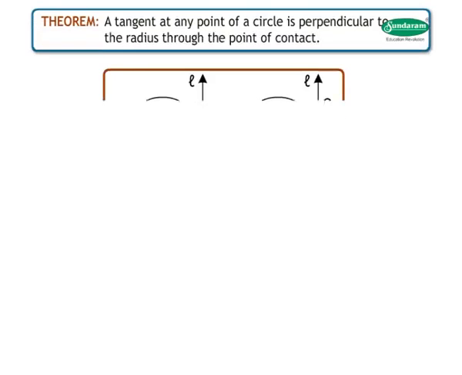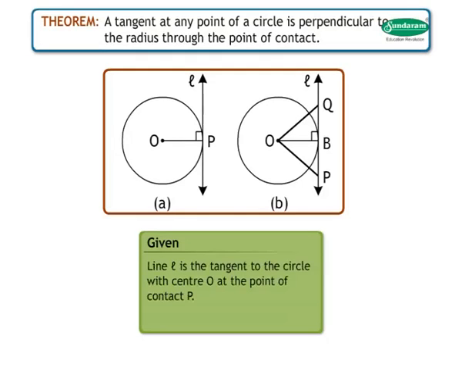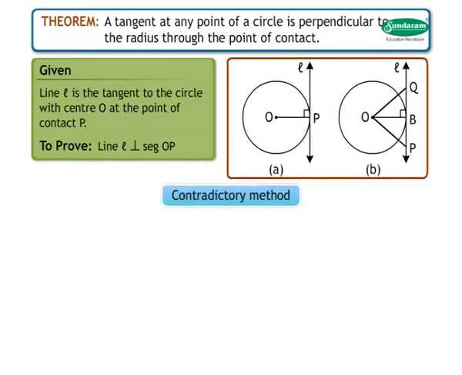Look at the theorem. A tangent at any point of a circle is perpendicular to the radius through the point of contact. Given: line L is the tangent to the circle with center O at the point of contact P. To prove that line L is perpendicular to segment OP, let us prove this by the contradiction method.